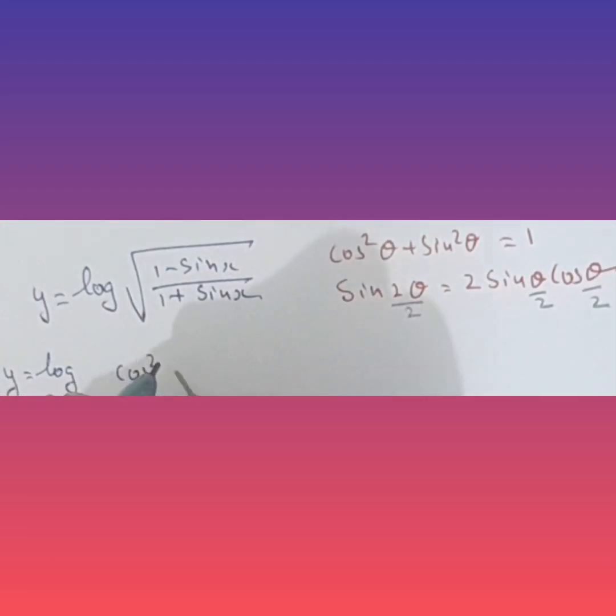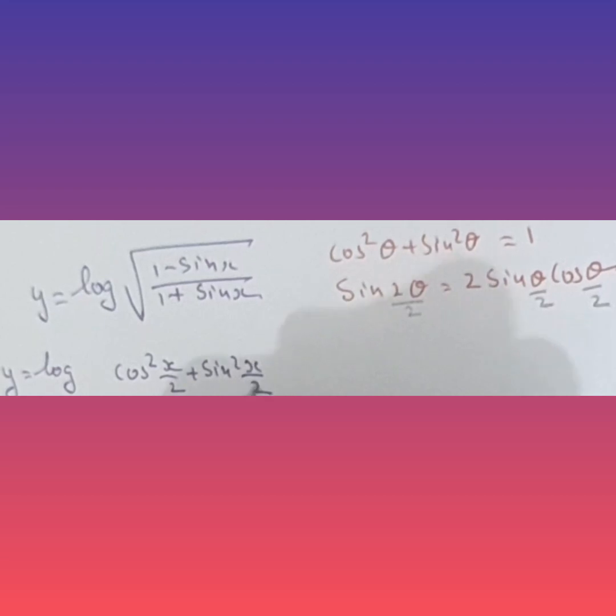So obviously even this has to be x by 2 and x by 2, right? So I put in the identity first, that is cos square x by 2 plus sin square x by 2 minus 2 sin x by 2 cos x by 2.